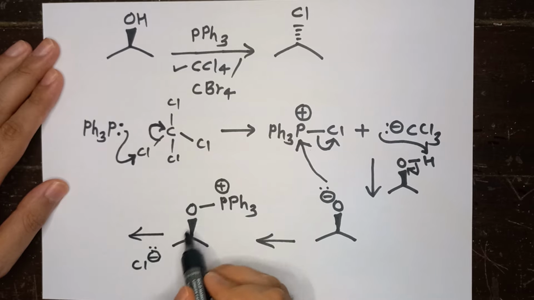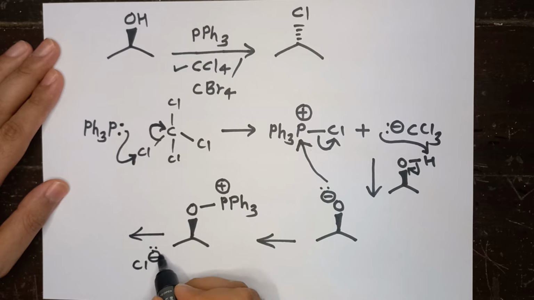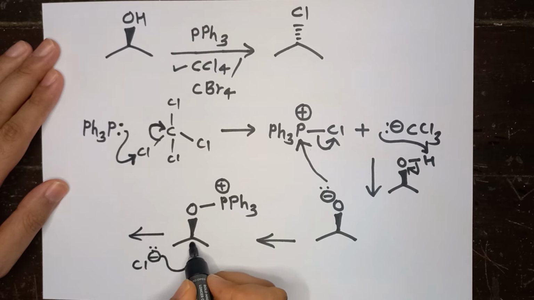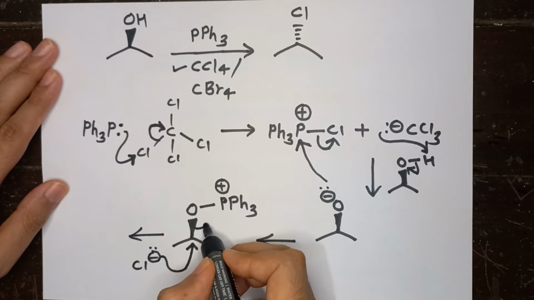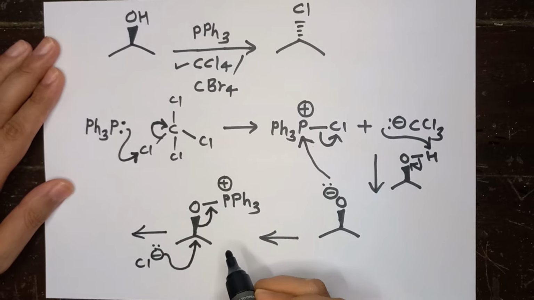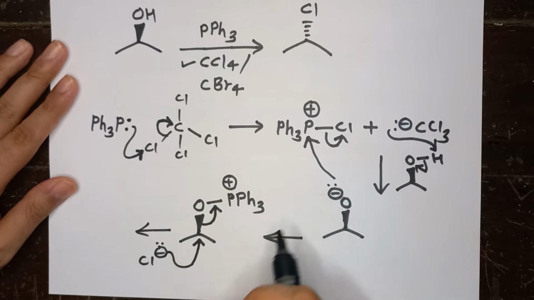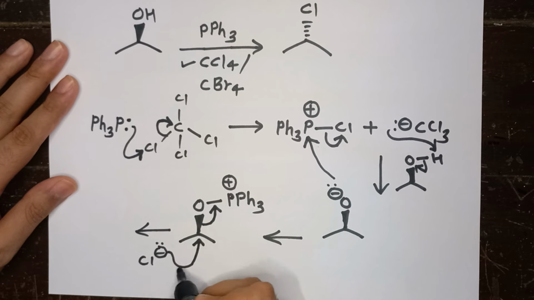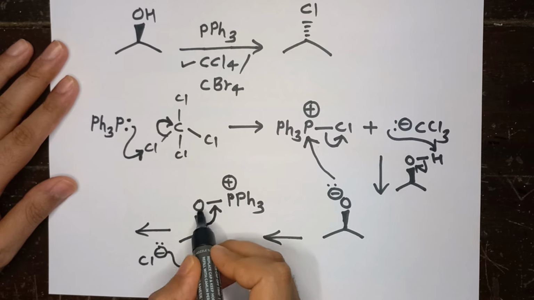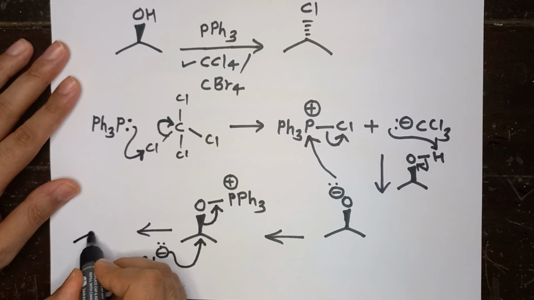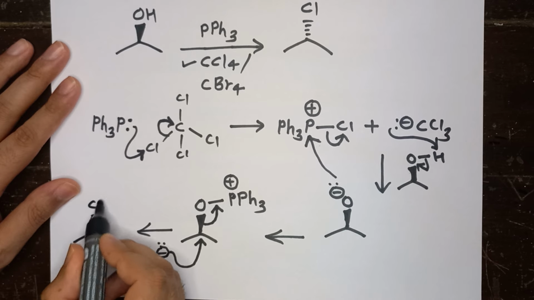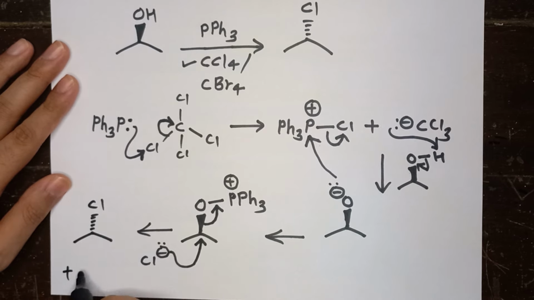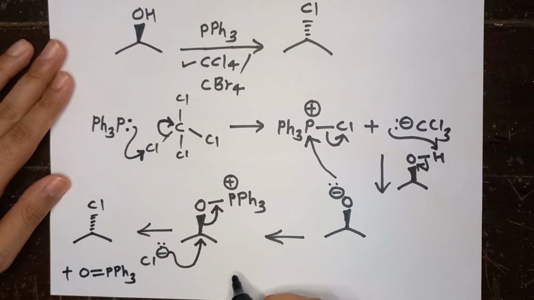So here this whole group is present above the plane. So this chloride ion will attack from below the plane. This bond will break and will form a double bond here. So this is how the stereochemistry is getting reversed, because chlorine is attacking below the plane because OH is present above the plane. So now we have the product that is Cl below the plane, and the byproduct is triphenylphosphine oxide.